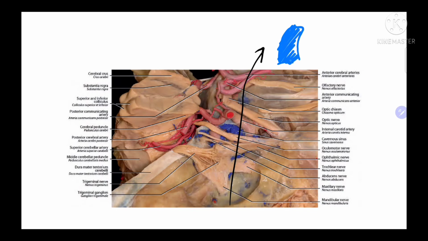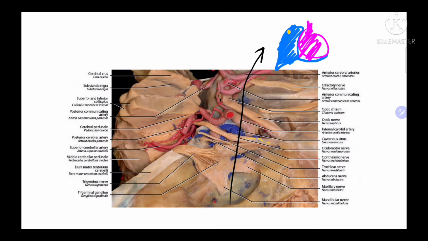This is the cavernous sinus here, okay. This is the hypophysis there, okay. And the relationship of these elements we're gonna find here. The oculomotor nerve is gonna be the superior one, okay. Look at here, the more superior one.